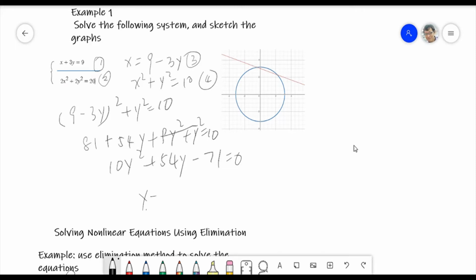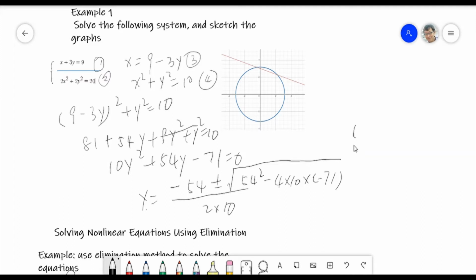So y equals negative b, negative 54, plus or minus the square root of b squared, 54 squared minus 4 times a times negative 71, all over 2a, which is 2 times 10. I already calculated this, so I will not take time because it really takes time. So I find they have 2 points.